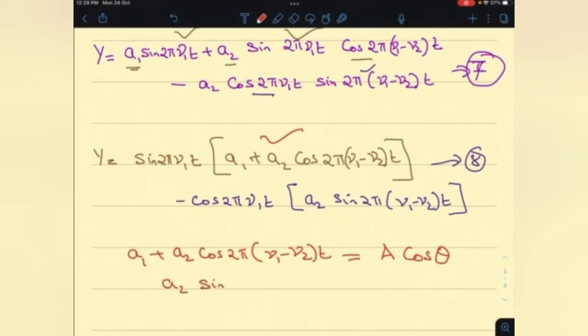So this is my 9th equation. This is my 10th equation.